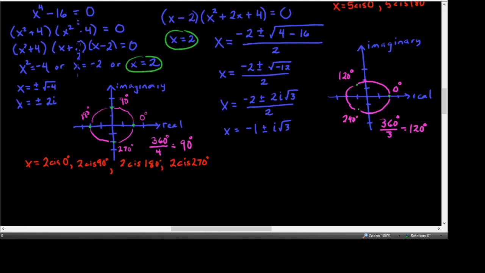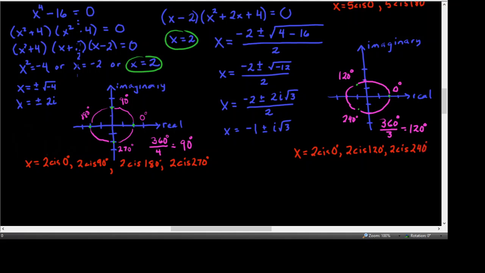Okay, so for the last one, the 3 answers are, we have a radius of 2, so 2 cis, the first one I got is at 0 degrees. The next one is 2 cis 120 degrees. And the last one is 2 cis 240 degrees.